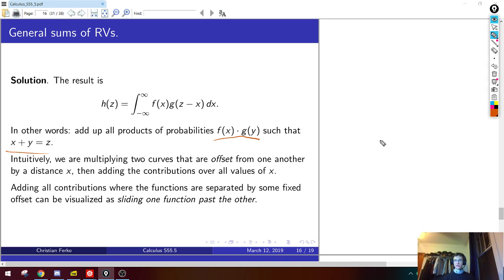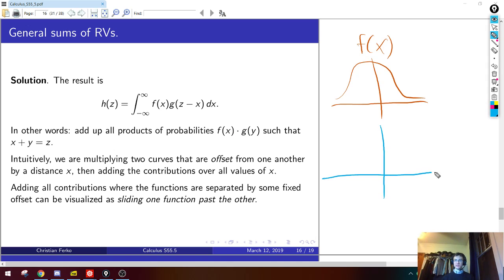So I'm going to show you a picture to explain what we're doing here, because you might remember from a long time ago that if you have some function f of x which has some shape like this, and then you ask, what does the function look like if I offset this by 10?